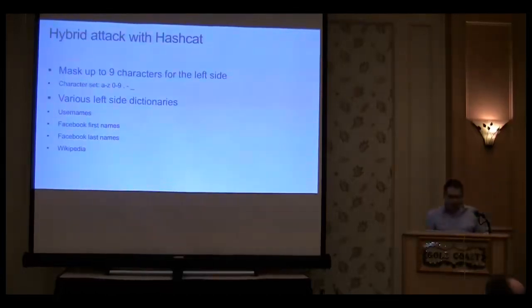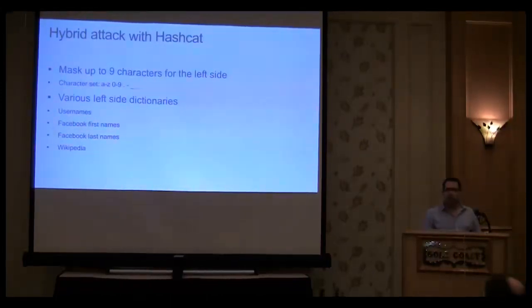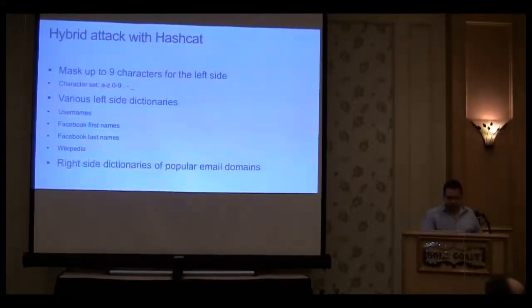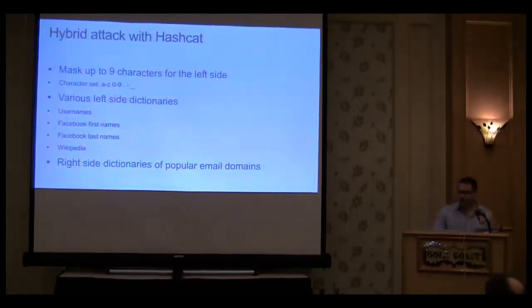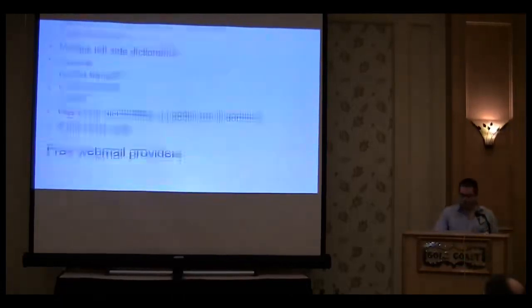For the dictionaries, on the left side there were usernames, since very often the username is kind of the same as the email, the list of Facebook first names, the list of Facebook last names, and also a dictionary of words from Wikipedia. And of course, on the right side, a dictionary of popular email domains, and a few other rules.